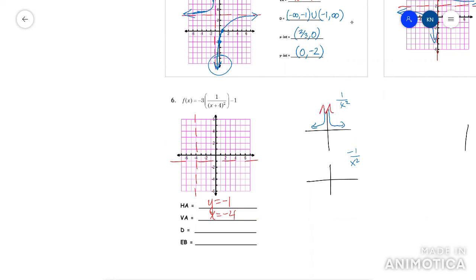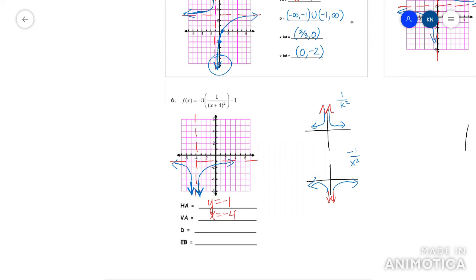Negative over x squared, they went down and down like this. So this is a negative over x squared. So I know that my arrows are going to have to go down and down. And then you just go level off at these on the HA.